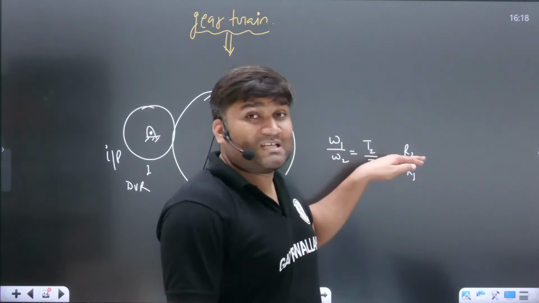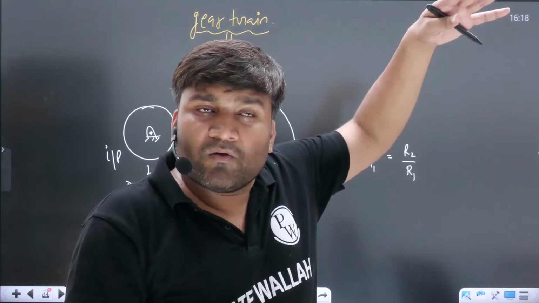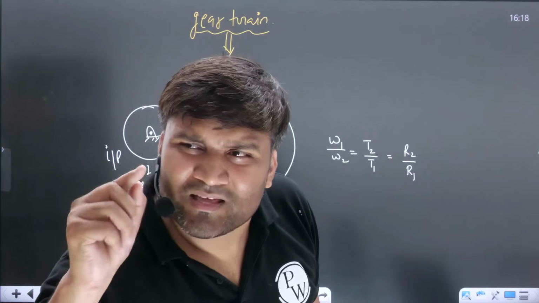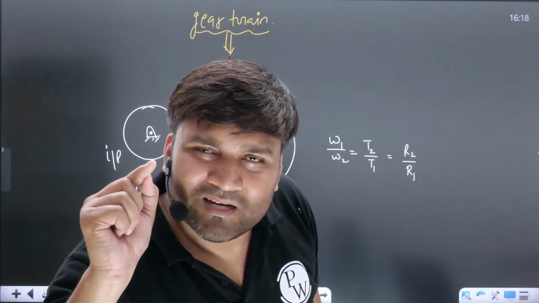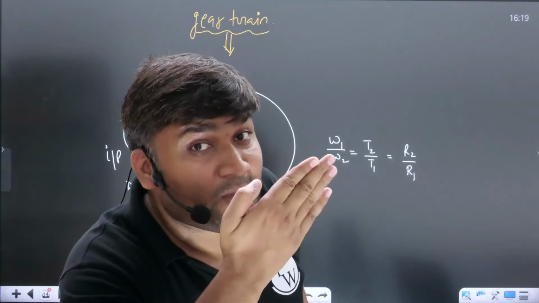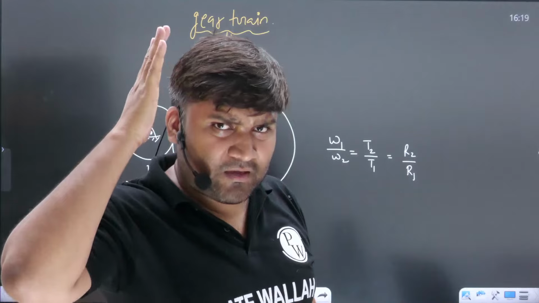This is made up of iron, this is also made up of iron. Can you imagine a tiny, very small gear connected to a very big gear, 50 times larger? This small gear has small teeth. Do you feel it has the capacity to rotate that big gear? Oh brother, the inertia problem is going to be very high here.